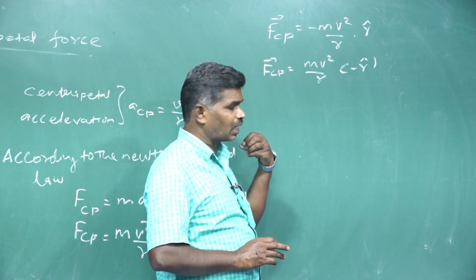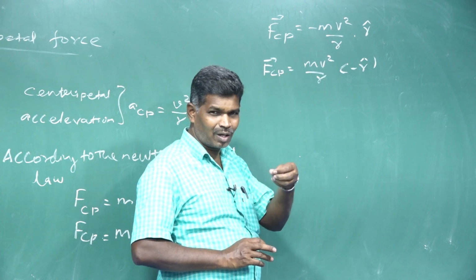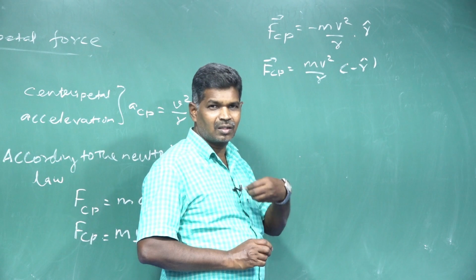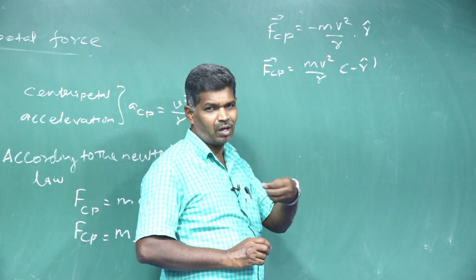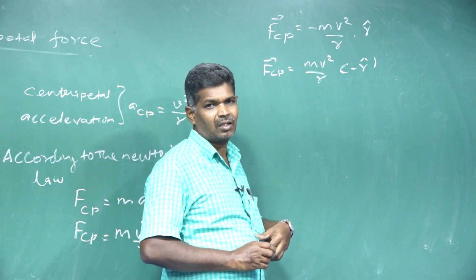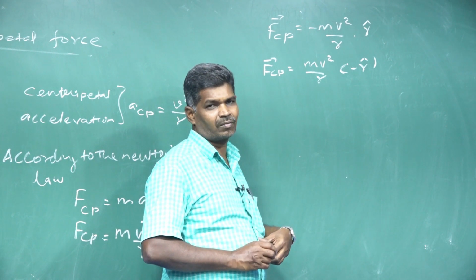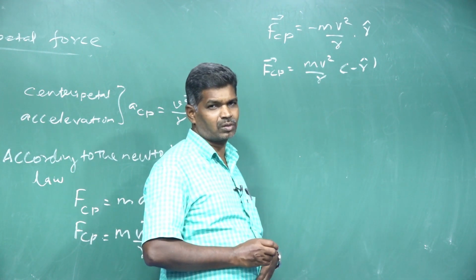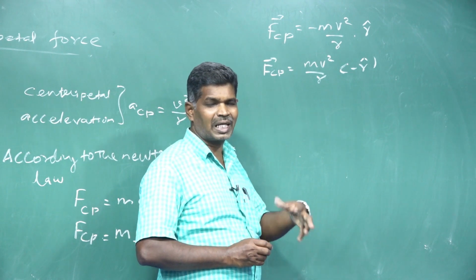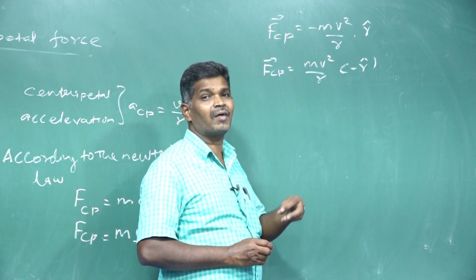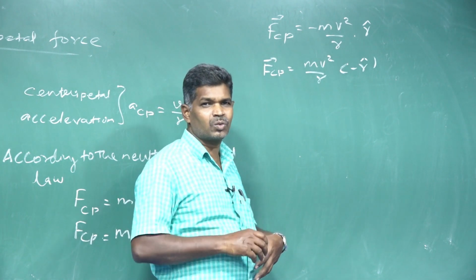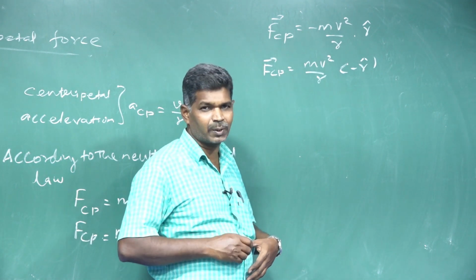If you take a satellite revolving around the earth, the earth's gravitational force acts on that satellite towards the earth. That gravitational force is called the centripetal force. Otherwise, if you take an atom, we have a positively charged nucleus, and around it electrons are revolving.